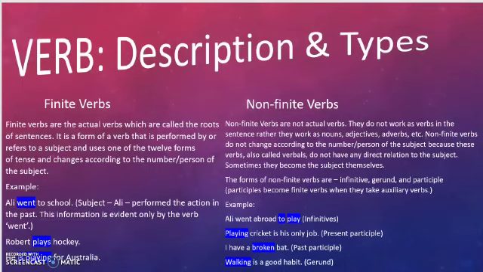For example, Ali went abroad to play. Now, to play is an infinitive in this particular sentence. Playing cricket is his only job. So, what does playing mean here? It means present participle.